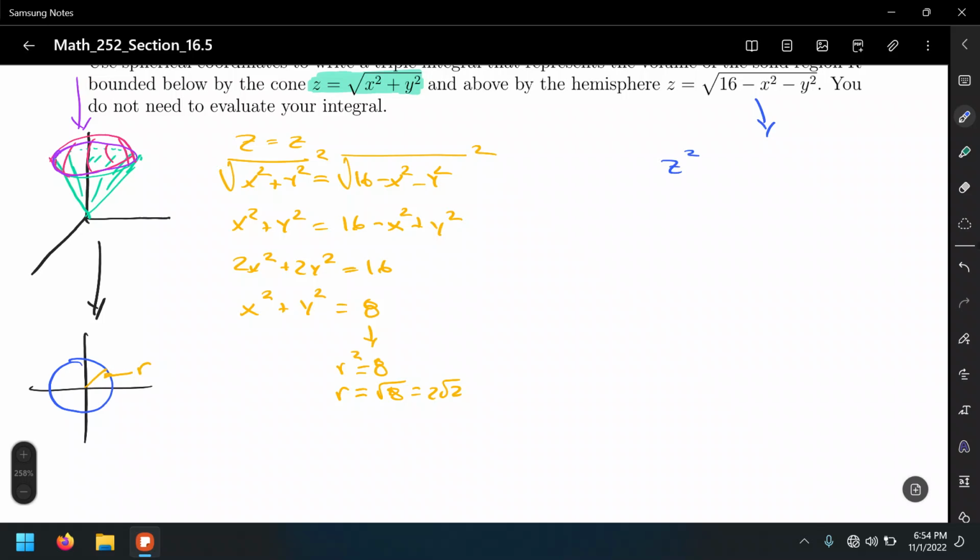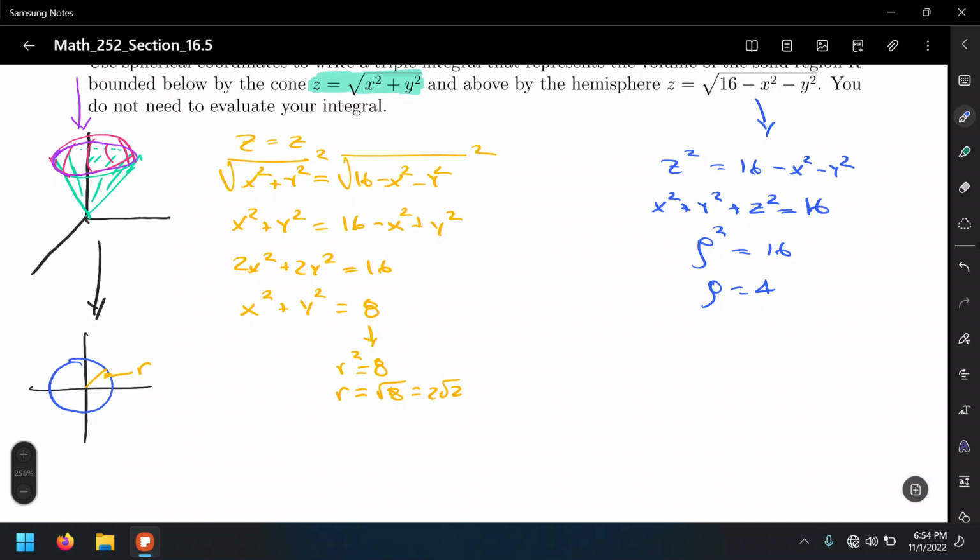This means z squared equals 16 minus x squared minus y squared, and x squared plus y squared plus z squared equals 16. Well, the sum of the squares of x, y, and z is really rho squared. That means rho equals 4.